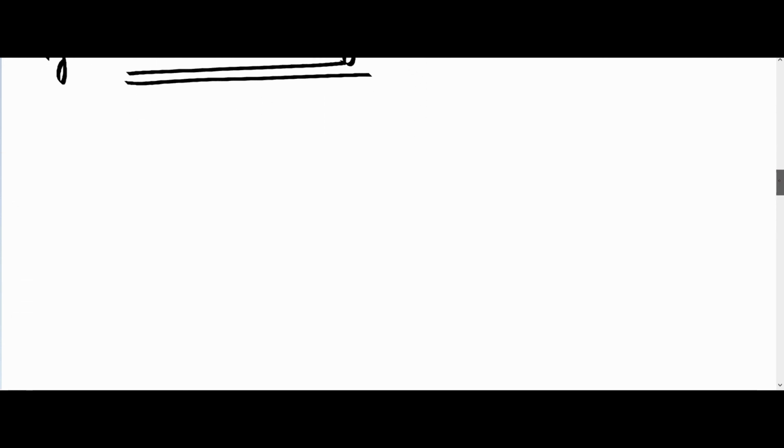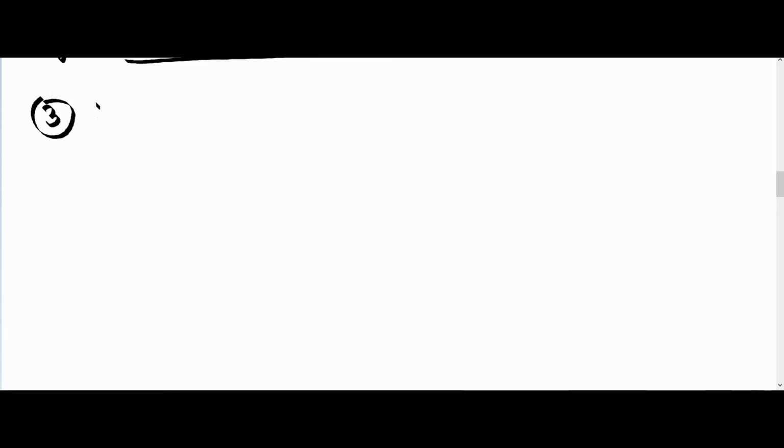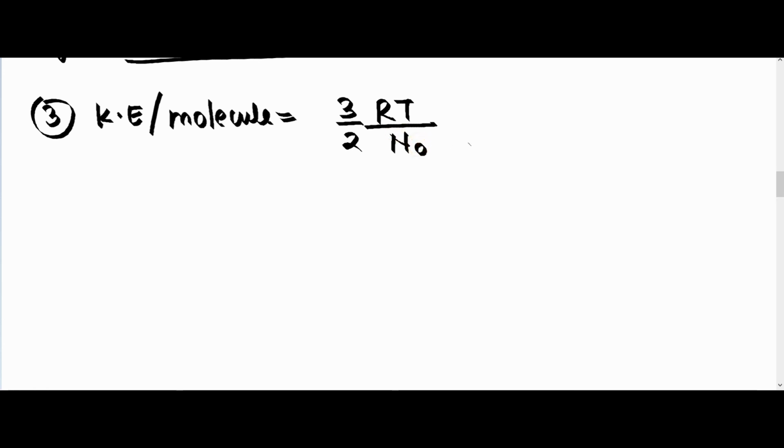Now the third case we have to find is kinetic energy per molecule. Same kinetic energy formula, 3 by 2 RT upon the Avogadro number that they have given us, N naught.